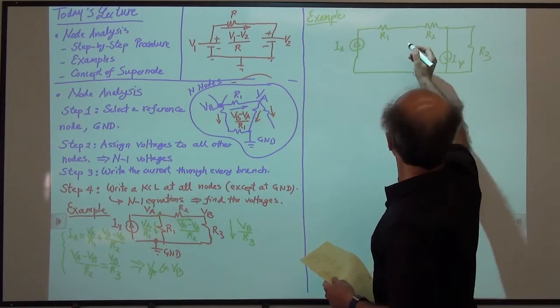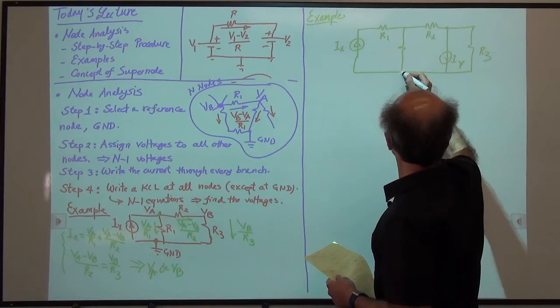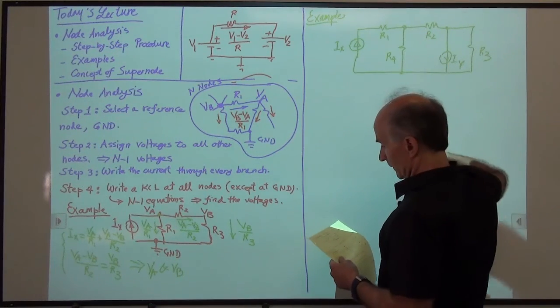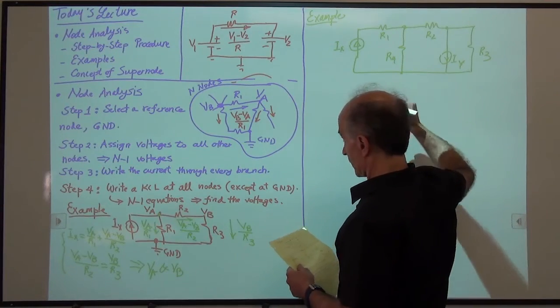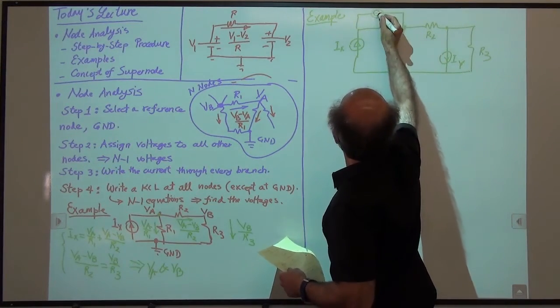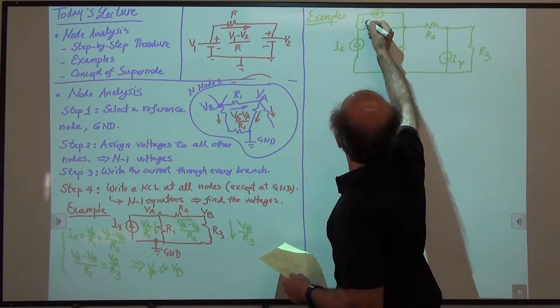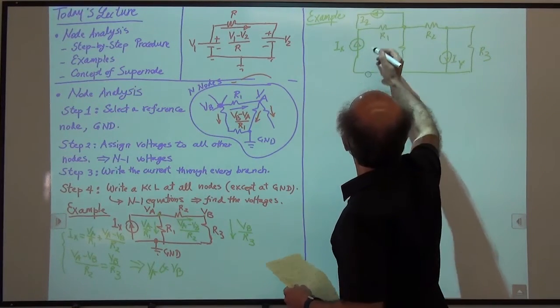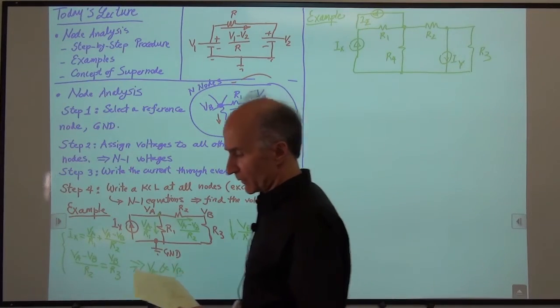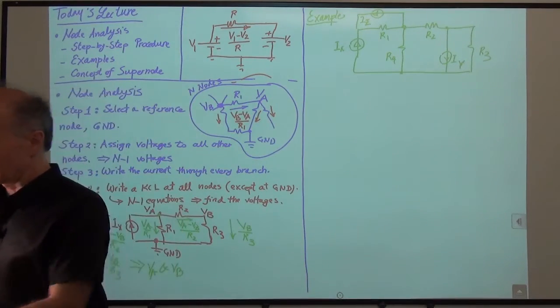And then we have a resistor from here to ground. Let's call that R4. And then we have another current source here. Let's call that IZ. Okay, so we have the circuit and we want to solve it.